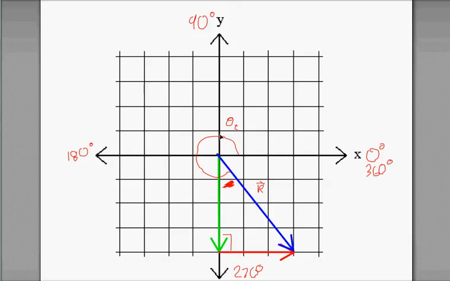Theta t is in fact the whole angle all the way around. And we're going to find this first theta right here, and we're going to say, well, it could be this whole thing to 270 plus this value here, and that'll tell us theta t. Okay, in fact, I'm going to write that out. I'm going to say 270 plus theta will give me my theta t.